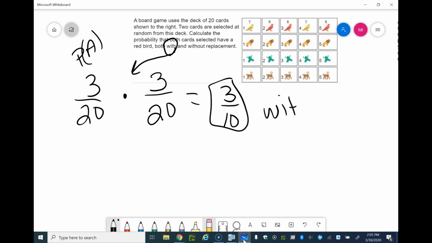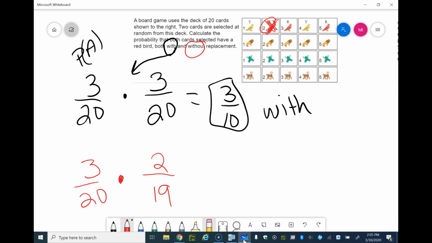So this is with replacement. Now we're going to do without replacement. So the probability for the first trial is still going to be the same. There's still 3 out of 20. However, the second one, since we're not replacing that red bird that we selected, we get rid of it. And now we look at it, we only have 2 red birds left. And out of the whole deck, there's only 19. So we take both of those and multiply together.